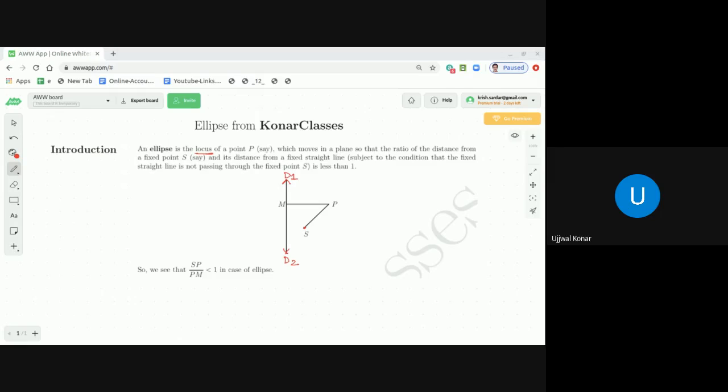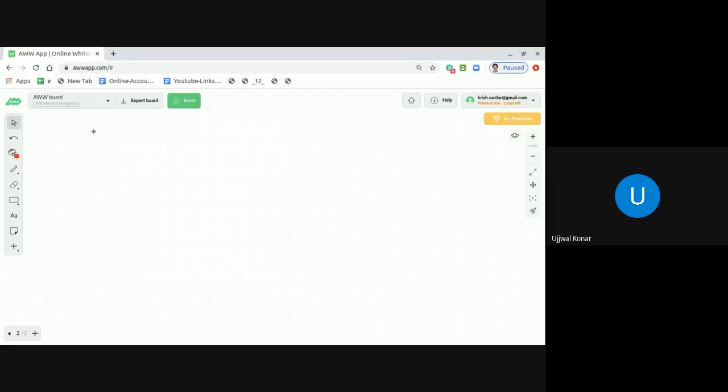Now, dear students, I'm going to discuss the general form, standard form of an ellipse, the way I discussed with parabola. So first I'm going to discuss the different forms of ellipse. First I want to discuss the general form.